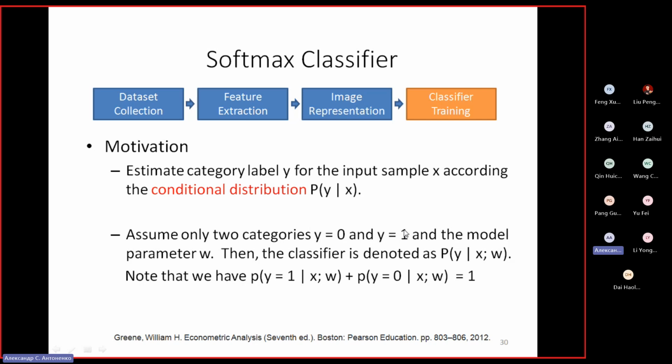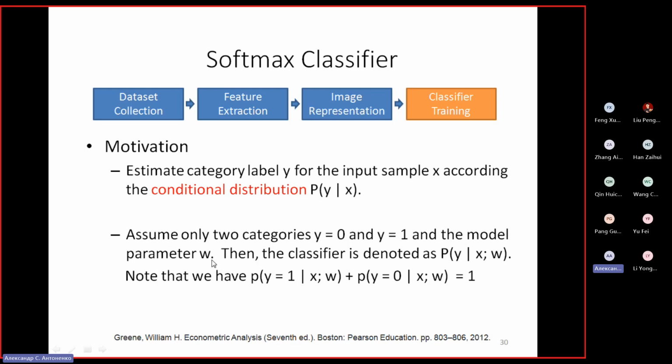For example, yes or no: either it is suitable for viewers or not suitable image. Maybe either it's cat or dog. Very simple decision. In this case, we have some model parameters that we train.